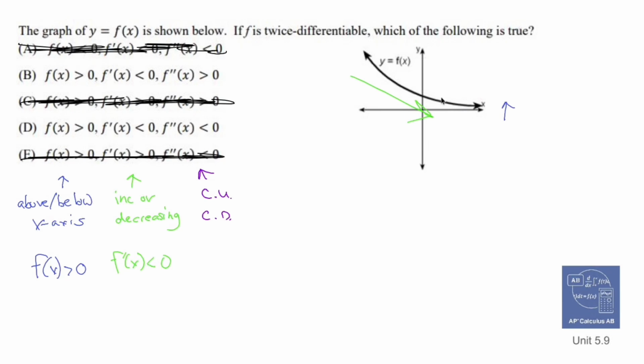This function is concave up, which means f double prime is positive, which eliminates another and leaves me with one. So B is going to be my answer for that one. Fun stuff.